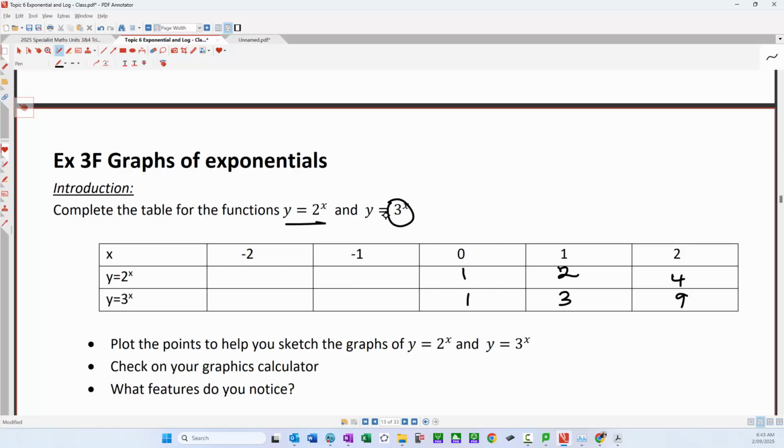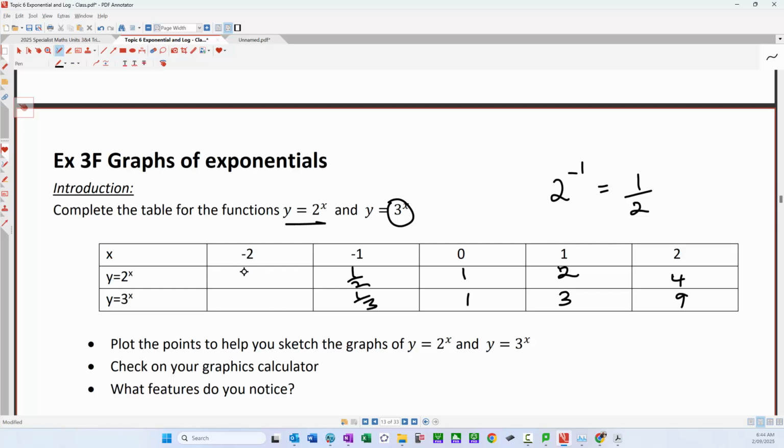And that should make sense because that's the thing that's growing at an exponential rate. So yeah, the larger the base, the faster the exponential growth. 2 to the negative 1. Well, remember, 2 to the negative 1 by the index law is 1 over 2. It's the same thing. So this is going to be 1 over 3.